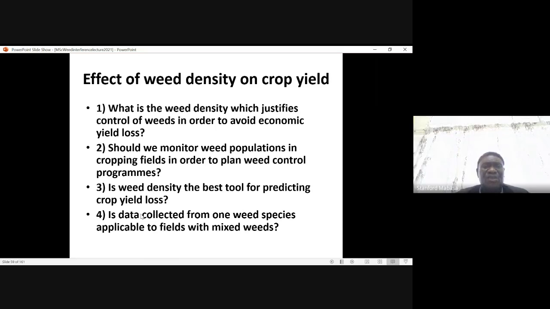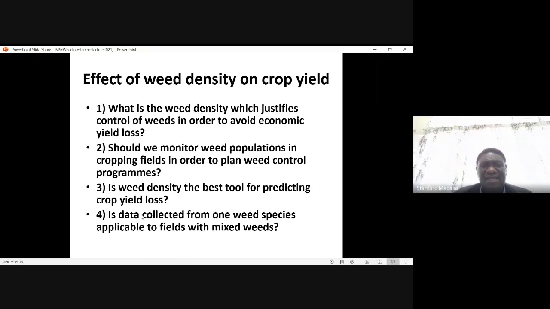The other question is, should we monitor weed populations in cropping fields in order to plan weed control programs? I suppose if we're going to use weed populations, we definitely need to understand the relationship between weed density and the crop yield loss.